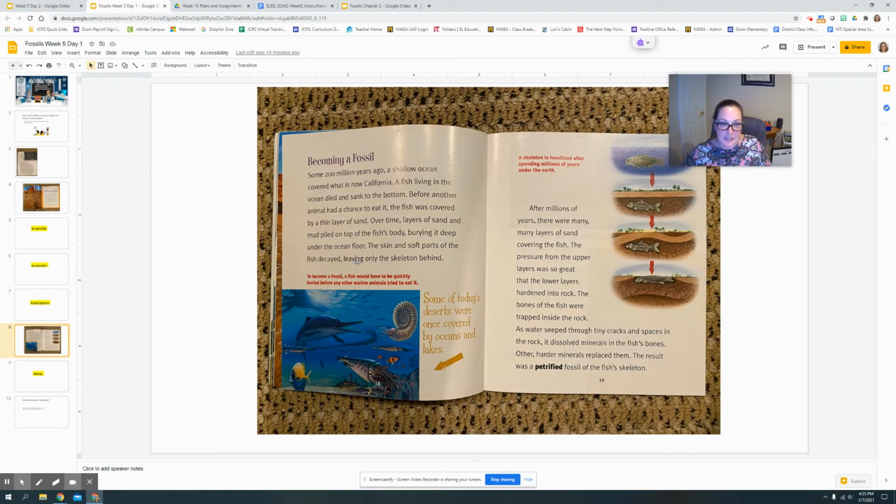So the skin and soft parts of the fish went away? Yeah, that would make sense, wouldn't it? They decayed. Well, I know that living things, once they die, they do begin to decompose or break back down. I think that's what decayed means. Check my glossary.